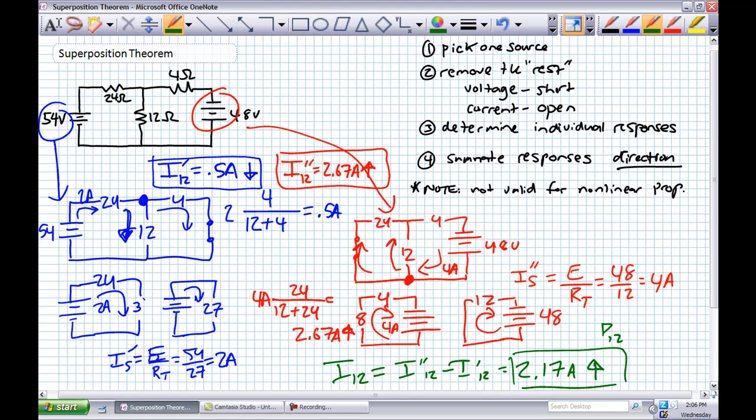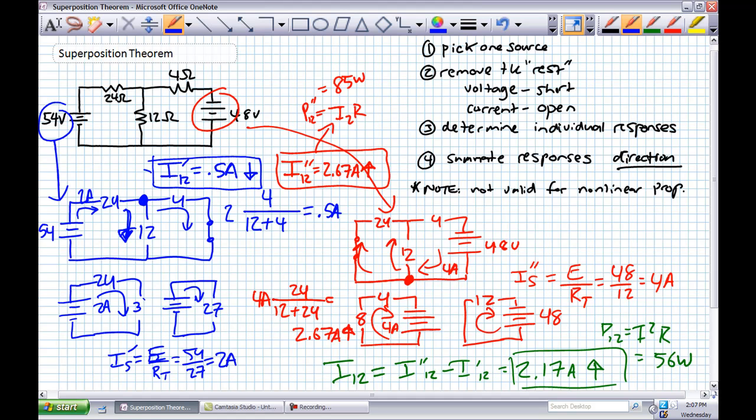So I should be able to figure out power for the 12 ohm resistor is equal to I squared R. So 2.17 squared times R, 12, should give me a total of, one moment, 56 watts. Okay, so if I did try to do the power individually, say for example, P double prime 12, I squared R, that's going to give me 2.67 squared times 12, which is equal to 85 watts.